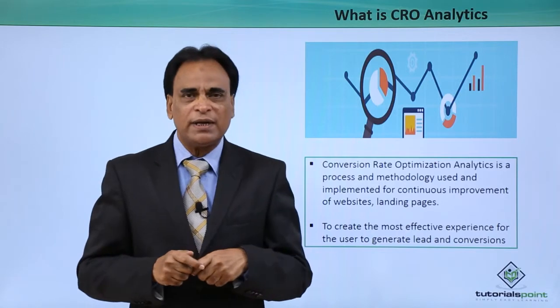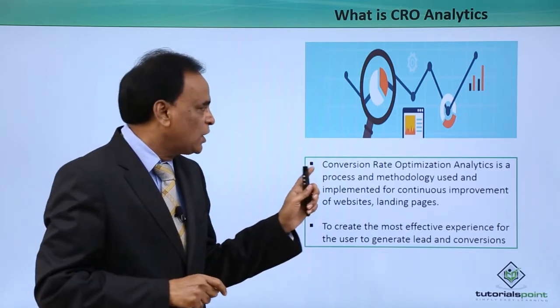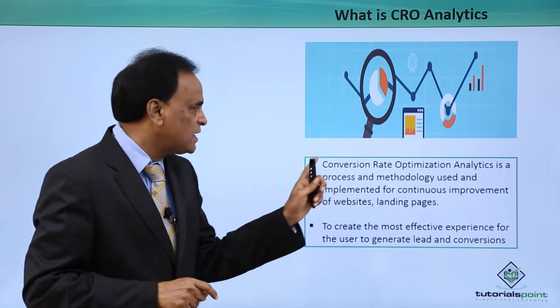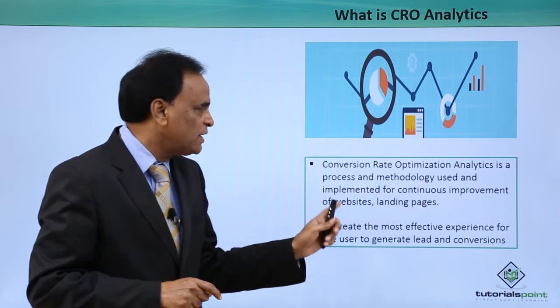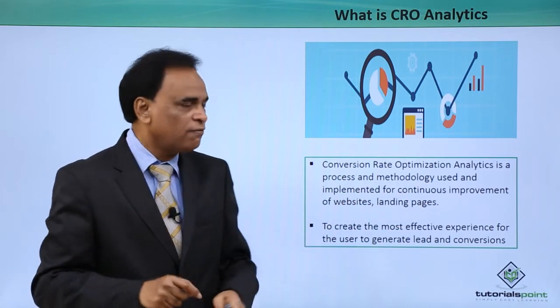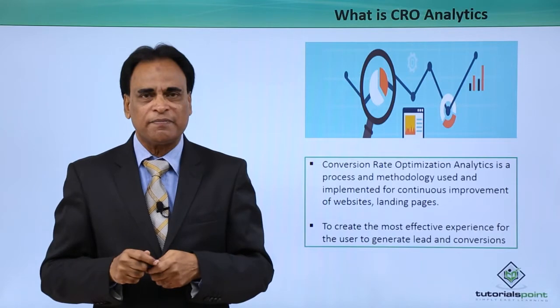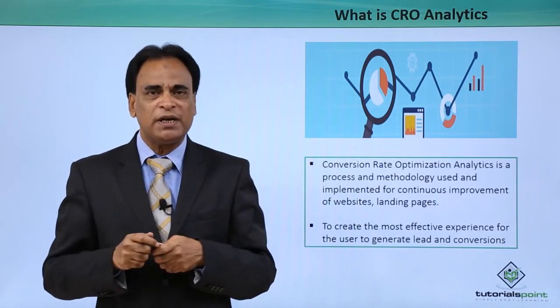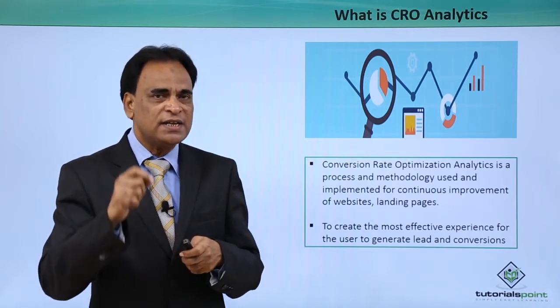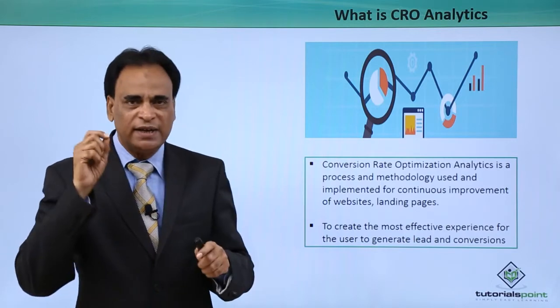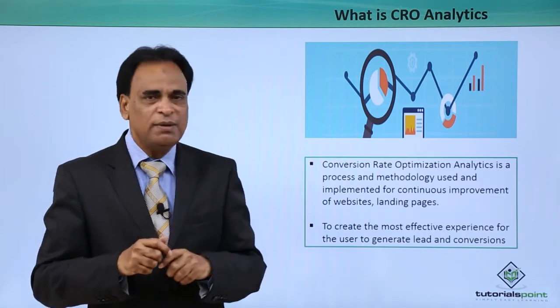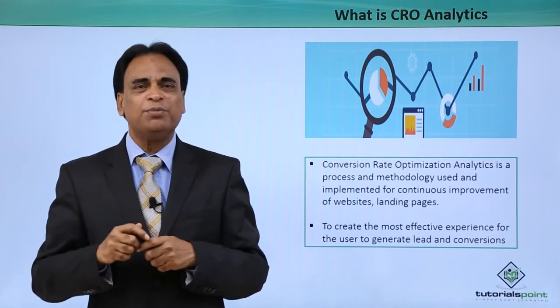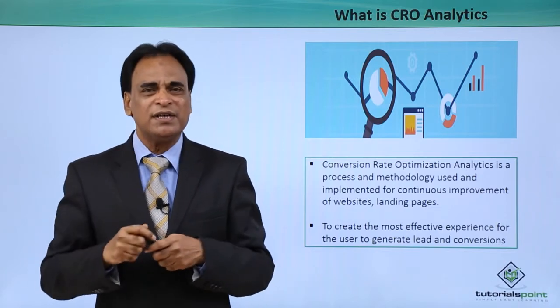What is CRO analytics in the first place? Conversion rate optimization analytics is a process and methodology used and implemented for continuous improvement of websites and landing pages. What is continuous improvement?